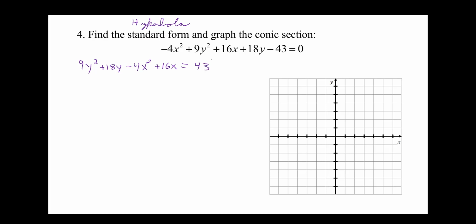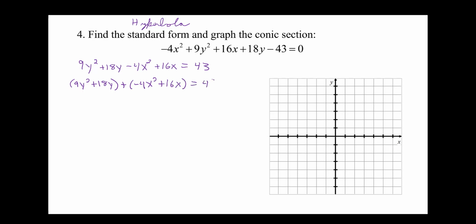Again, I'm just going to throw that constant over on the right side. So I'm going to rewrite this before we start cleaning things up here: 9y² + 18y + (-4x²) + 16x = 43.